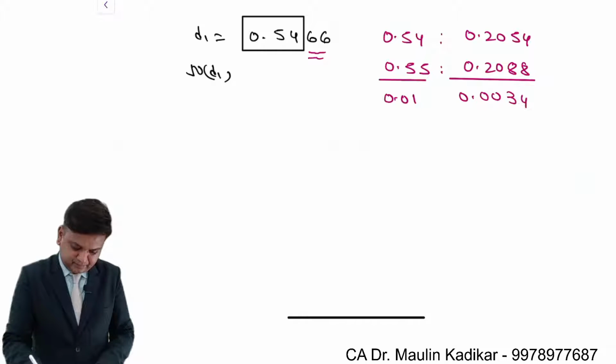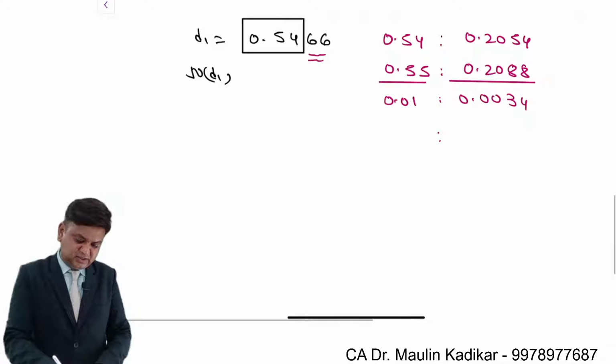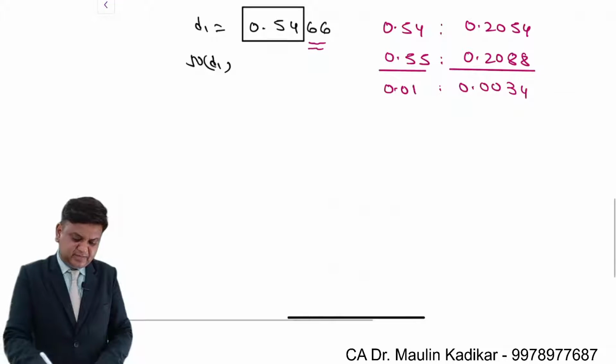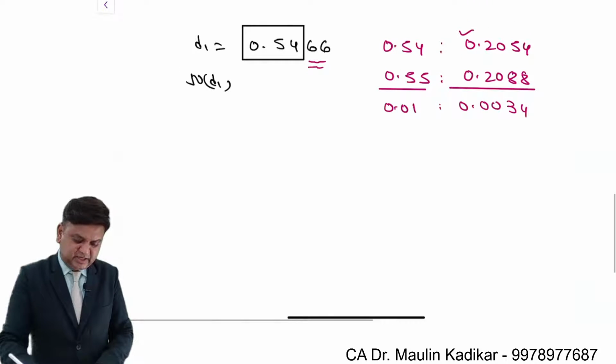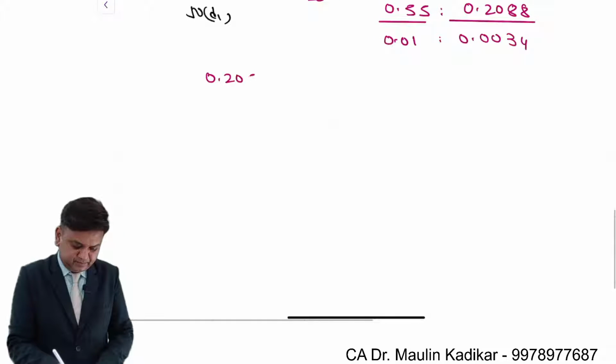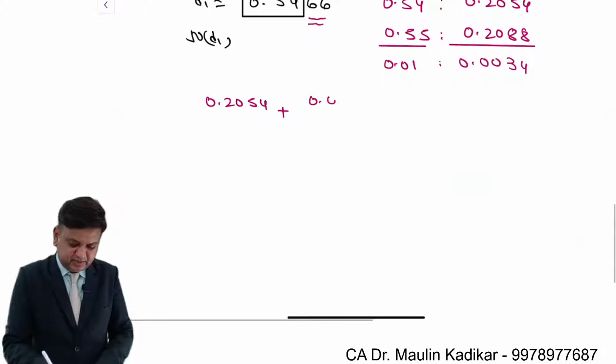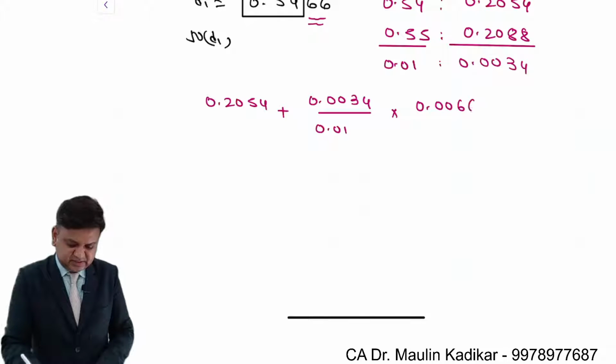Now we will do the interpolation like this. Generally, I suggest students to take the base of the lower one. So the reading is 0.2054 plus 0.0034 divided by 0.01 into 0.0066.